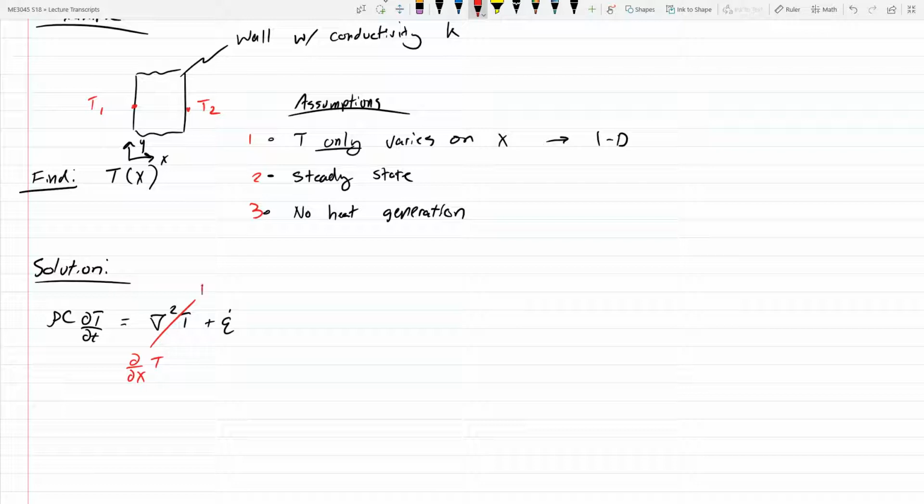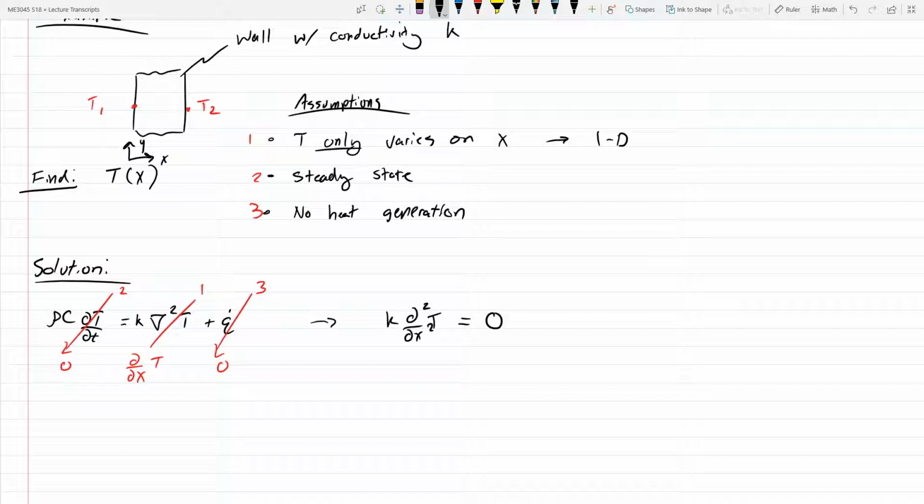So this is due to 1. This goes to 0 as a result of 2, and this goes to 0 as a result of assumption 3. So our heat equation just turns into k times the second partial in x of T is equal to 0.